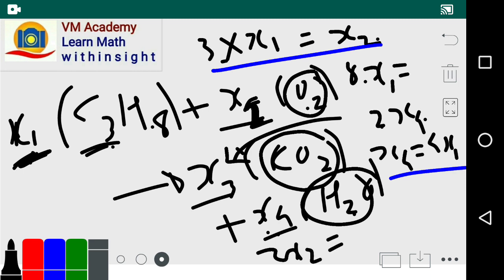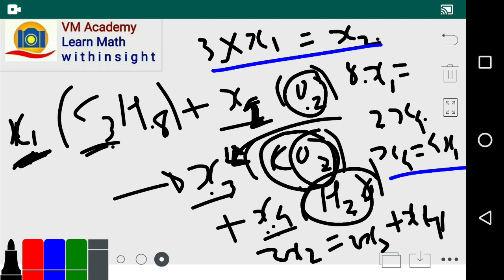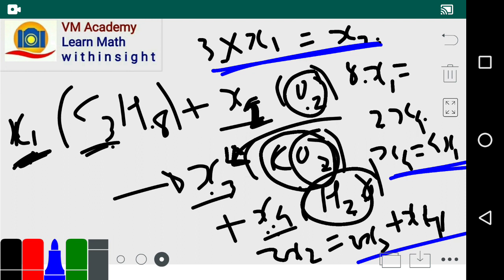And on the other side, friends, in carbon dioxide molecule 2 oxygen atoms, and in such x3 molecules x3 into 2, 2x3, plus here is 1 oxygen, so x4. Thus we get 3 equations, friends. So 2x2 equal to 2x3 plus x4.